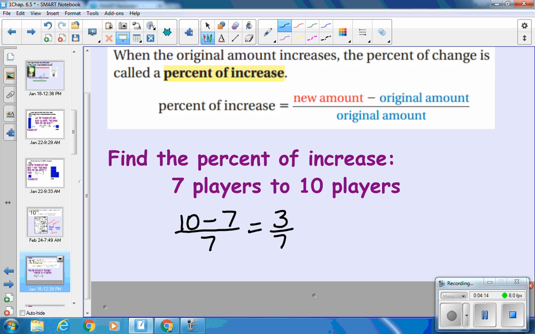So if we divide 3 divided by 7, use your calculator, you get 0.429. I'm rounding to the thousands place, and that's equal to 42.9%. So that team has increased by 42.9%.